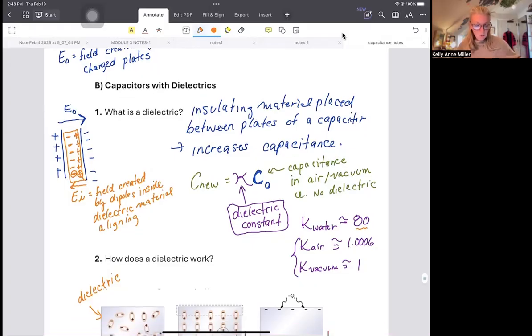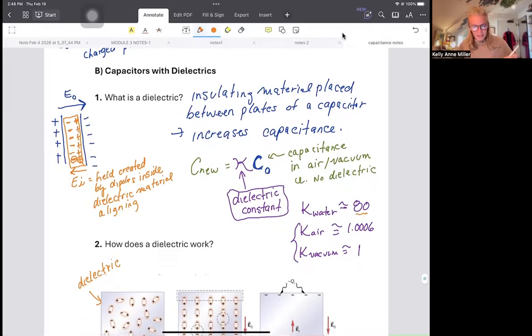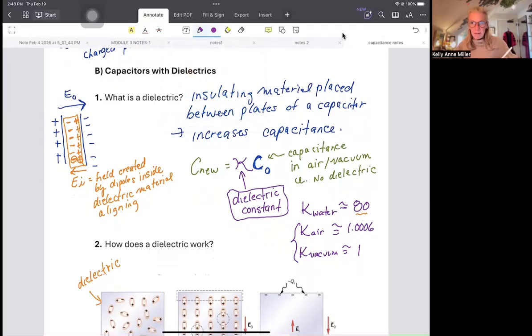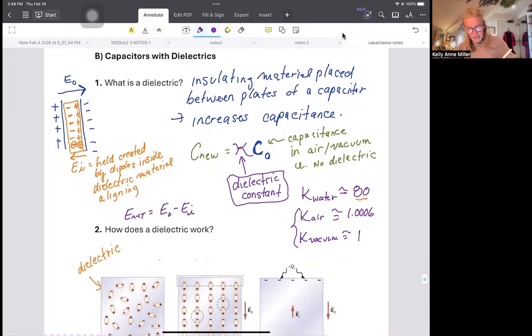Okay. So what happens is that the net electric field, E net, is the sum of them, right? So the total E net is going to be the original field created by the external plates minus that field that is created by the dipoles. Okay, and what is the case?